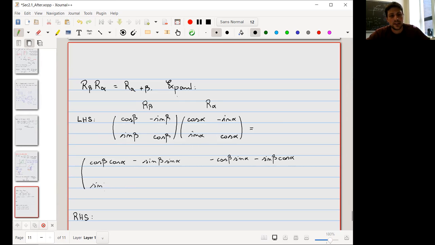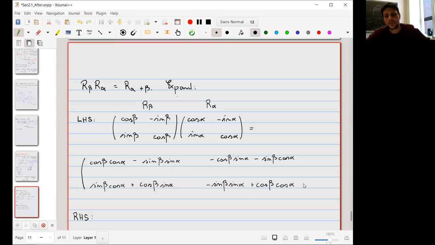I get sine beta times cosine alpha plus cosine beta times sine of alpha. And then finally, for the last, I take second row and second column: minus sine beta sine alpha plus cosine beta cosine alpha.